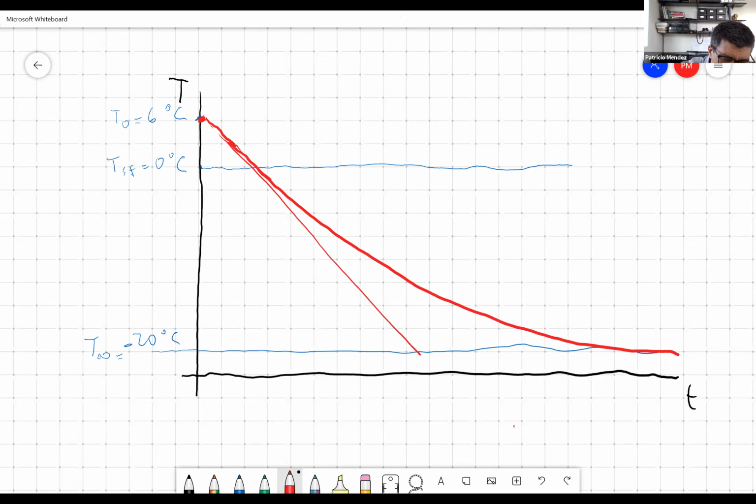However, as the droplet starts to cool down, trying to reach a steady state at minus 20, it hits here and starts to freeze.